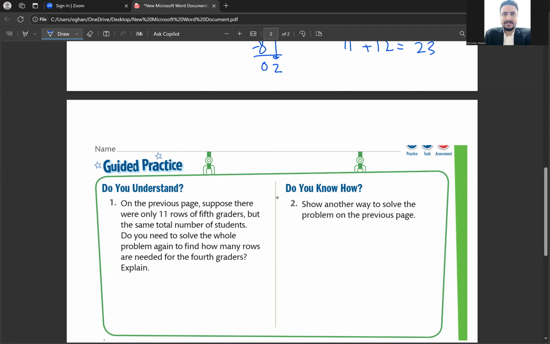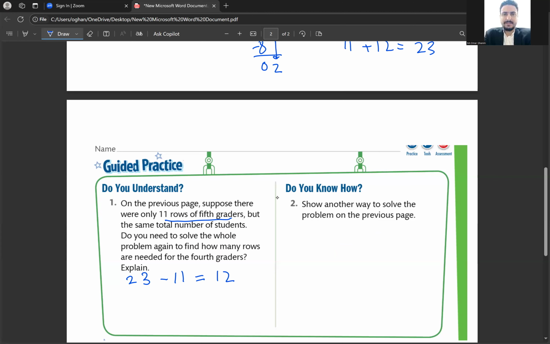Okay, so we got 11 rows of the fifth graders, but I got 23 rows in total that I just said above. So I don't need to repeat the whole question again. I just would say that the total is 23, then 23 minus 11 equals 12.